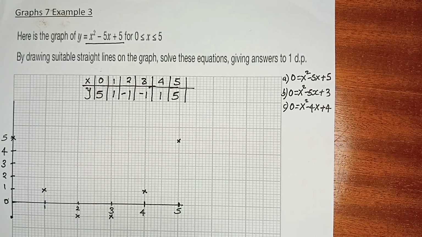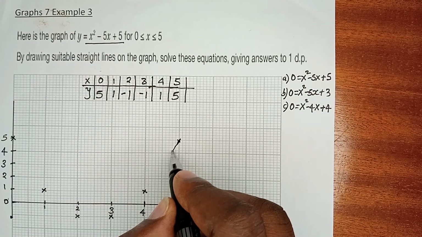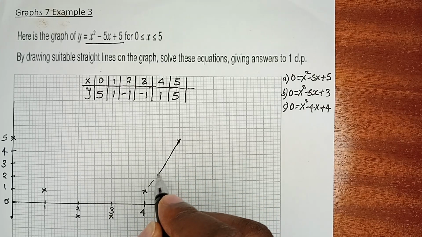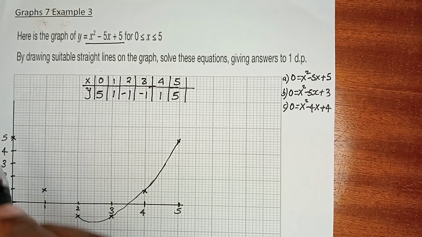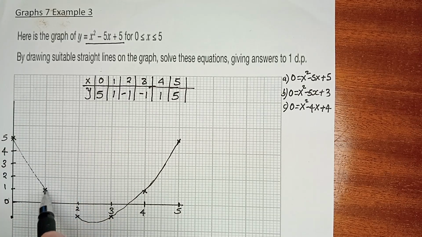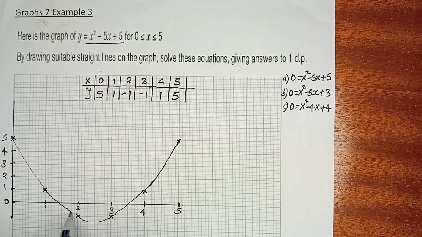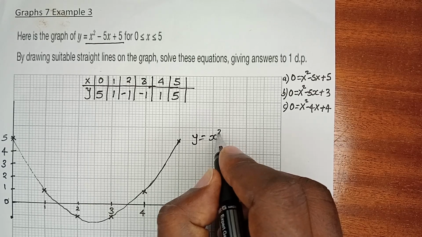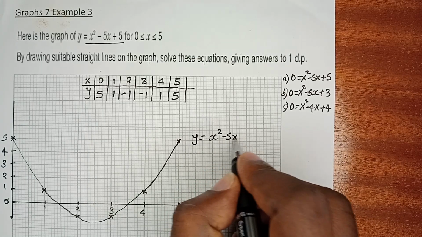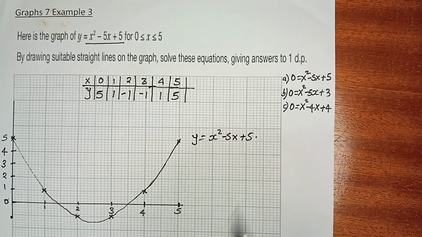Now we should come up with a curve. This is now our curve, and we name this curve y equals x squared minus 5x plus 5.